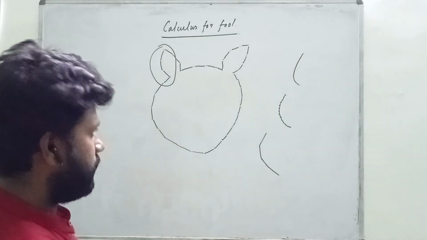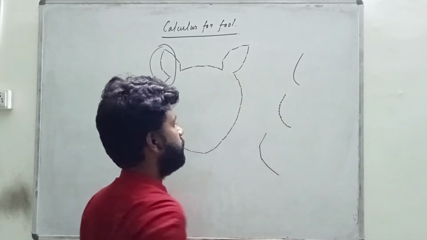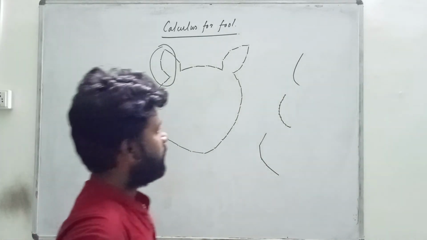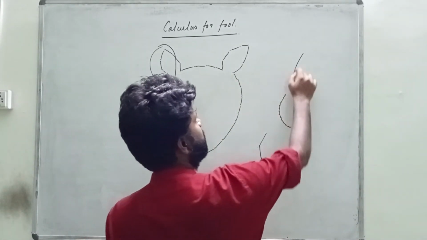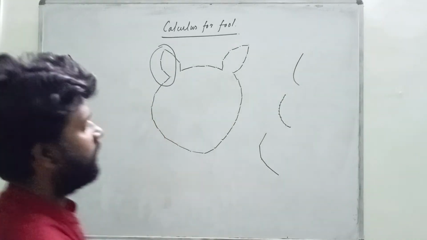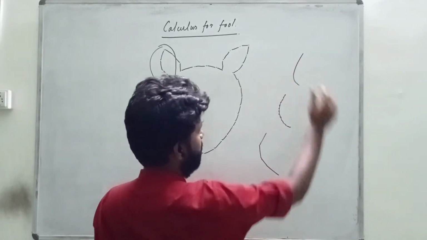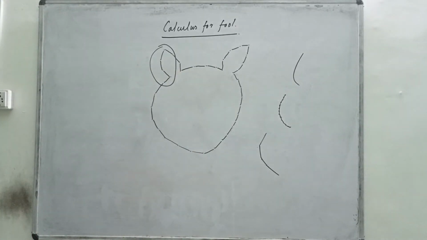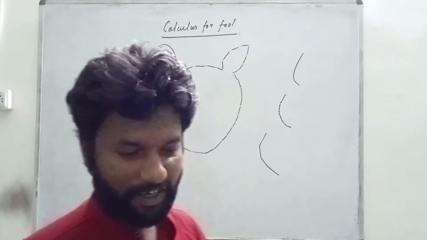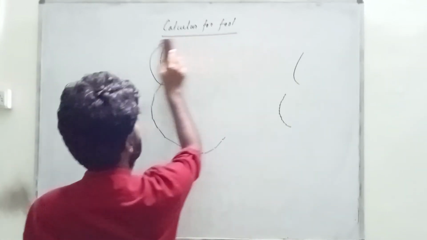So if you introduce infinite points here, and connect consecutive 2 points with straight lines, you will get a precise curve, I mean precise diagram, right? So there is actually a very crucial finding. I got a very crucial finding here. What is this?